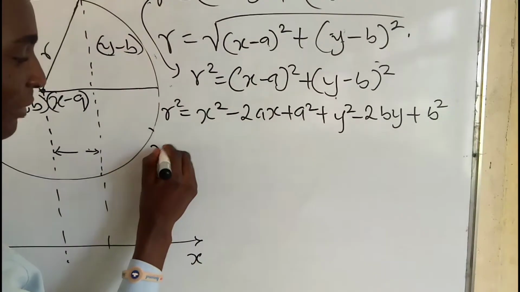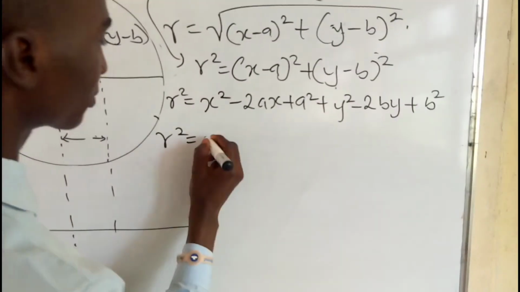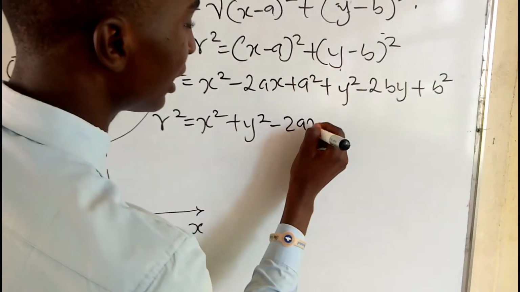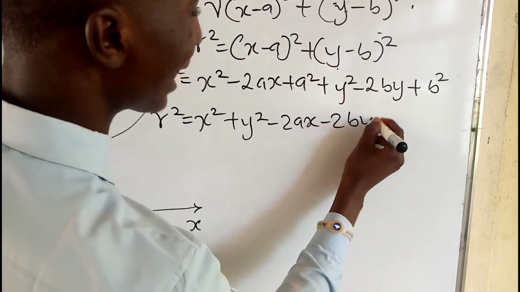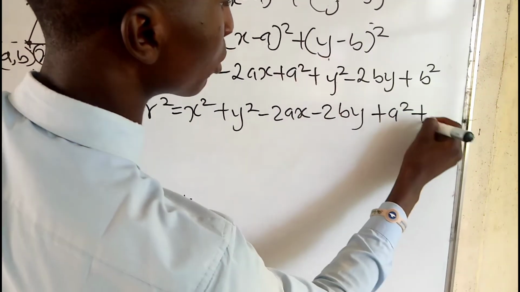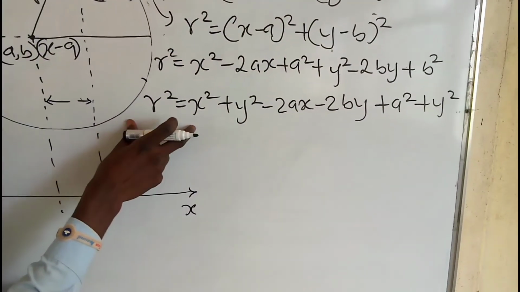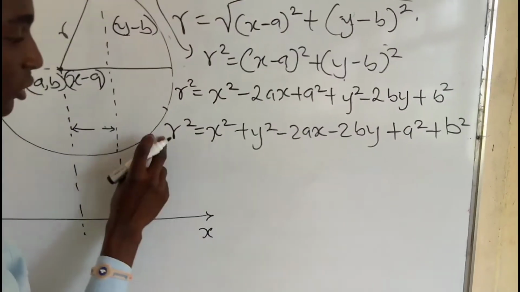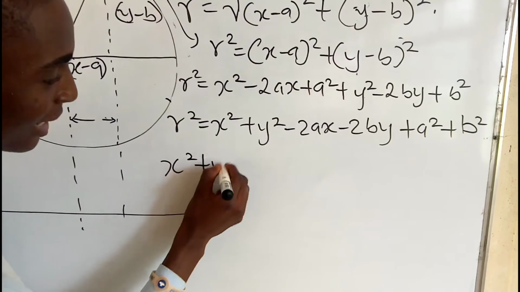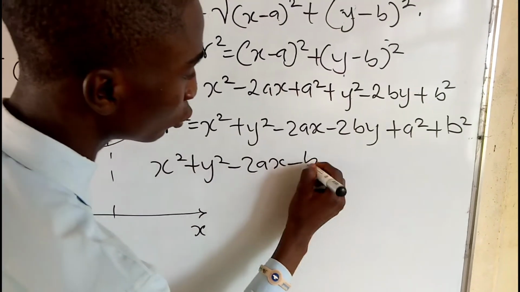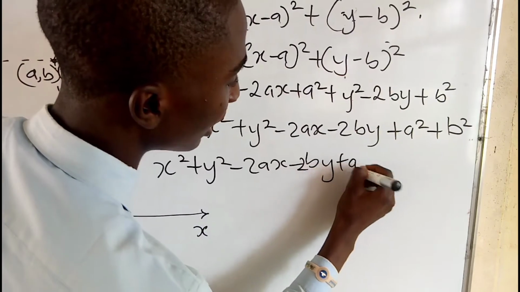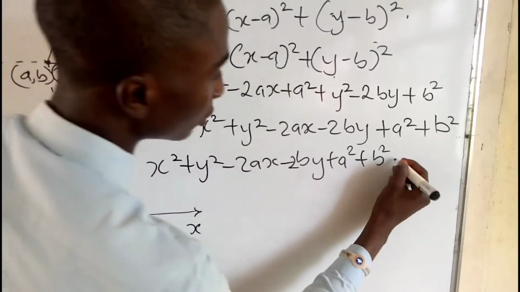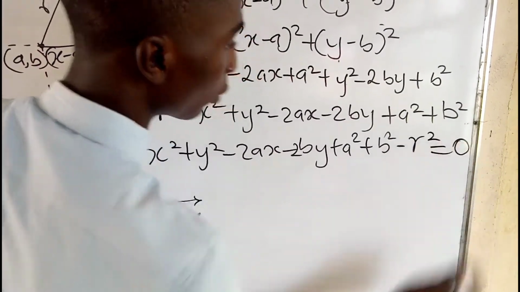Now, collecting like terms, I'm having r squared is equal to x squared plus y squared minus 2ax minus 2by plus a squared plus b squared. And finally we equate it to 0. Then I'm having x squared plus y squared minus 2ax minus 2by plus a squared plus b squared. We are minusing r squared from both sides, and I'm having minus r squared is equal to 0.